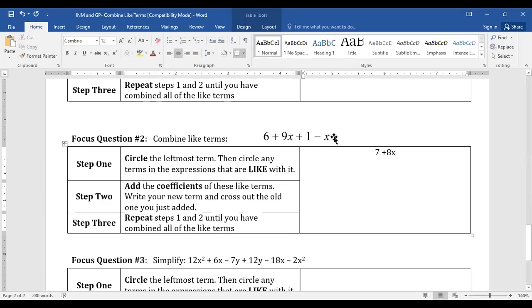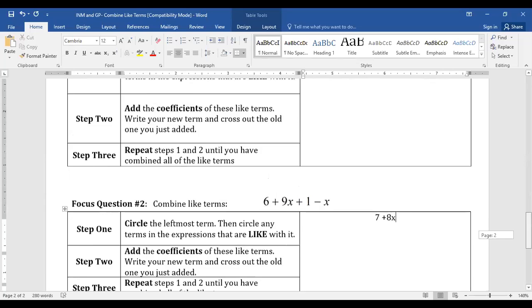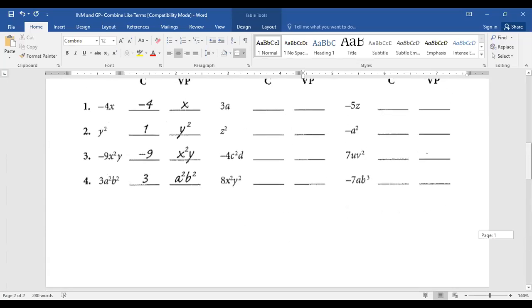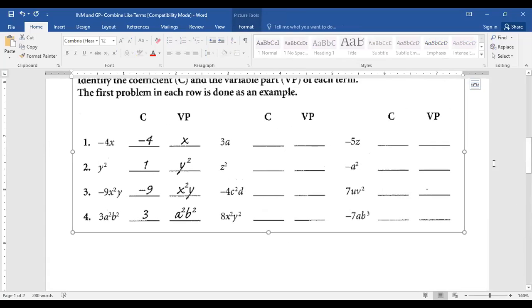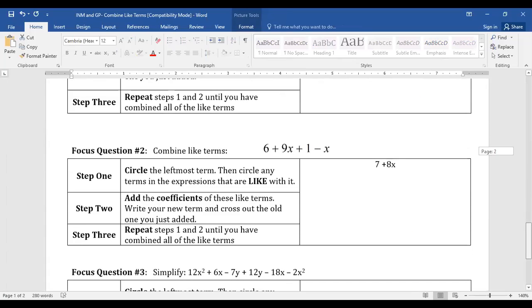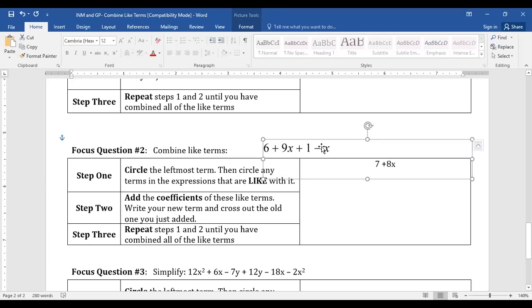And the thing about these like terms, if you see just a single letter, like this example up here on row number 2, says y squared, the coefficient is actually 1. If all you see is a single letter, you know the number is understood to be 1, or like negative a to the second over here, it's understood to be negative 1. So when you're combining these like terms, you have to remember that, because in this example, 6 plus 9x plus 1 minus x, that's a negative 1x that we have to combine.